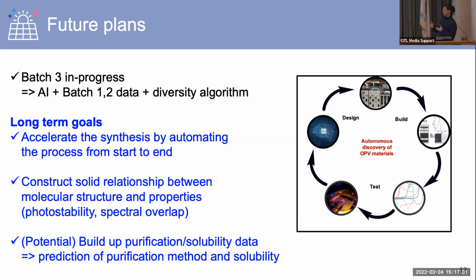We'll also try to build up purification and solubility data from all the synthesis that we are doing in this project. Based on this data, we think we can make a prediction model for purification method and solubility for new molecules.